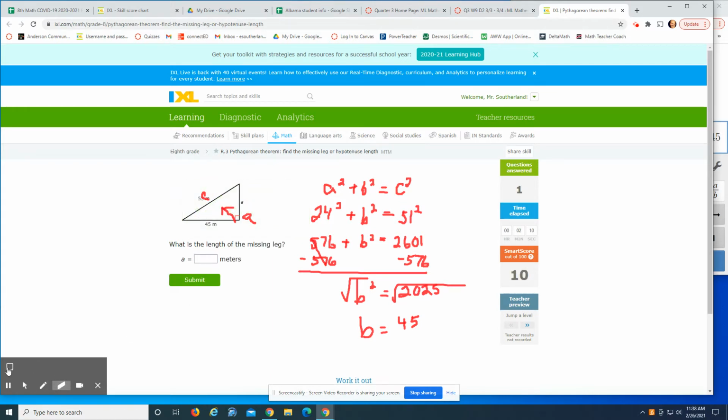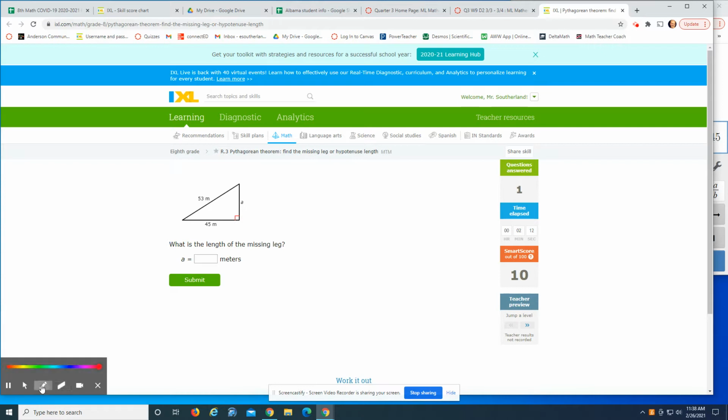In this problem, it looks like it has a missing A, so we're going to label them differently. Across from the right angle is always C. That means that this one has to be B. So A squared plus B squared equals C squared. And so we fill in, we don't know what A is yet. We know that B is 45 squared, and C is 53 squared.